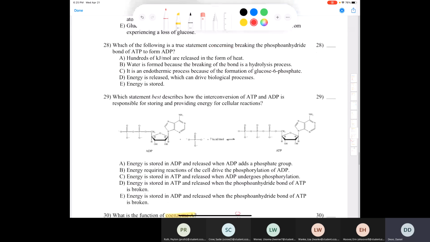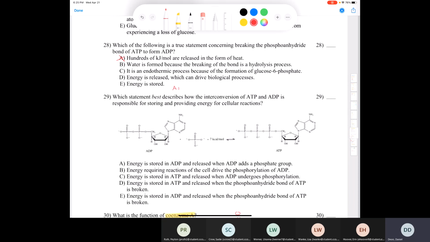Question 28. Which of the following is a true statement concerning breaking a phosphoanhydride bond of ATP to form ADP? So if we crack that powerful phosphoanhydride bond, it says hundreds of kilojoules per mole of energy are released to form heat. Well, that's not true, because we end up forming how much energy?